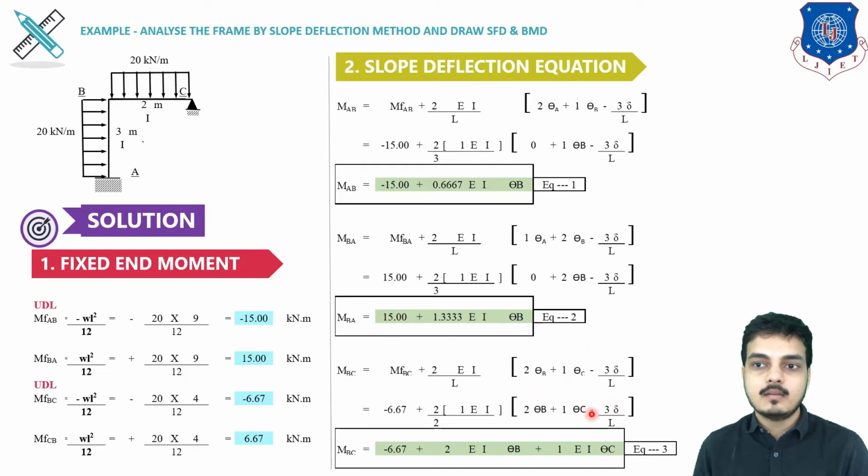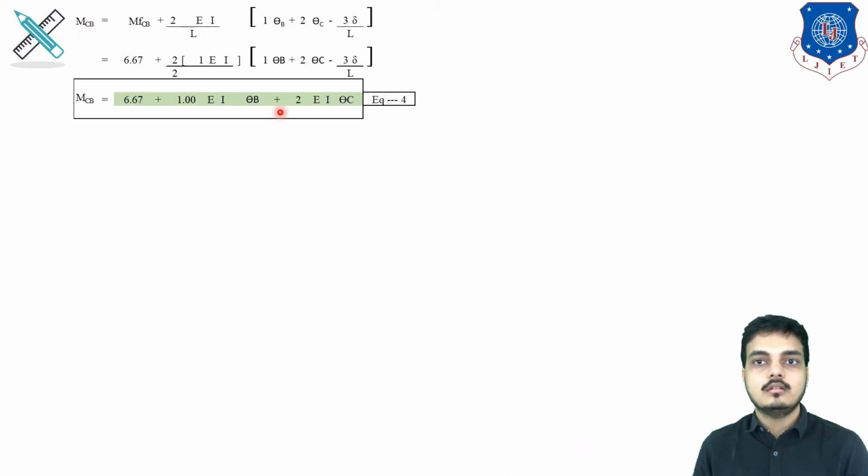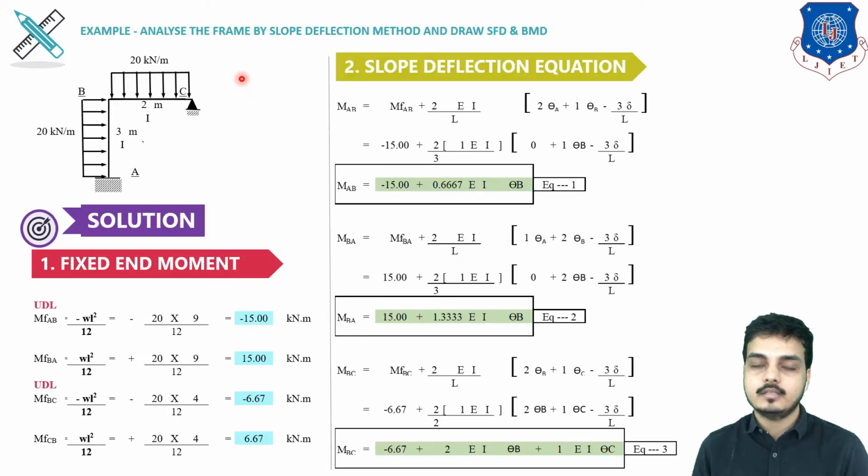Theta B and theta C are unknown, so I will keep them as they are and solve. This is my equation number 3. Now equation number 4 we will solve in a similar way. So step number 1 was the fixed end moment, applying the formula as in beams, and the same concept is followed in the slope deflection equations.